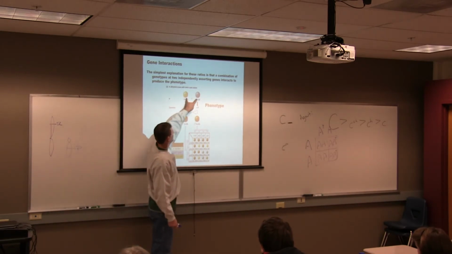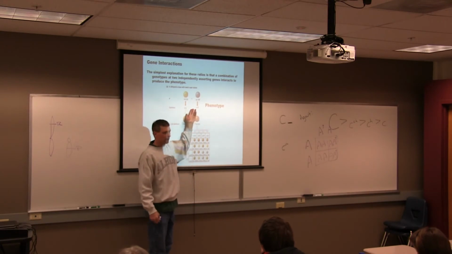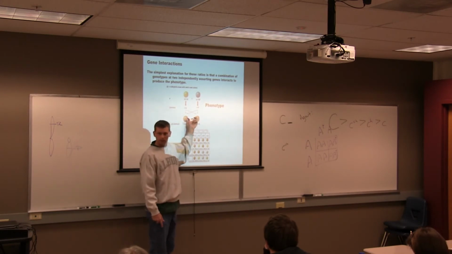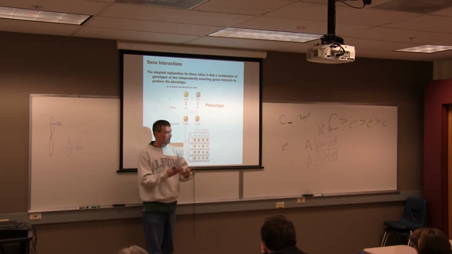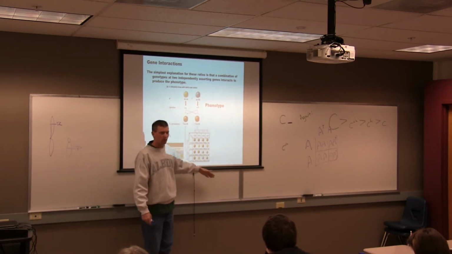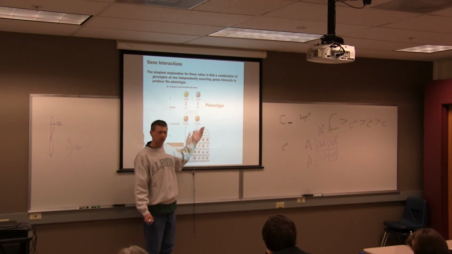You start with tan, you start with gray, you cross them together and you get a third color altogether different. If it's a monohybrid cross, you'd say it's either tan or it's gray, right? You can imagine why this would really screw people up. They go, oh yeah, blending occurred. Tan and gray, you put them together, you get brown, blending occurred.